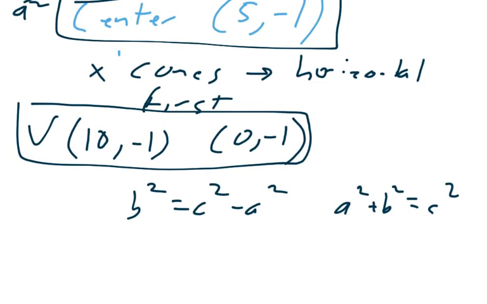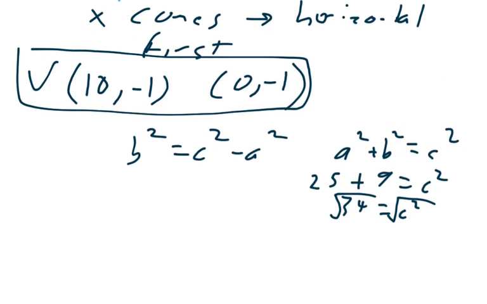So we got 25 plus 9, which is equal to 34, which is equal to c squared. Take the square root of both sides. And so 5.8 is equal to c.